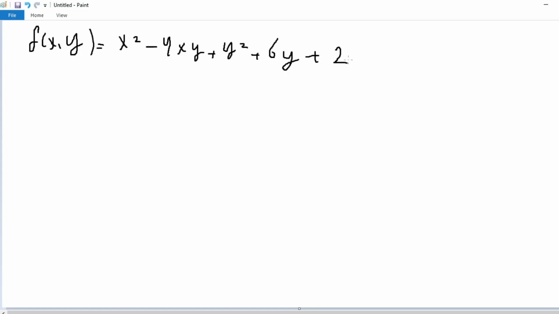Always you need to start by taking partial derivatives. This is the first step. So first we need to find the fx.